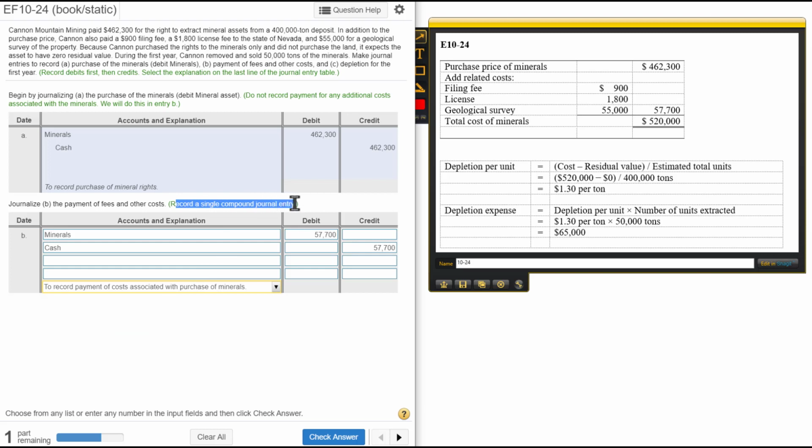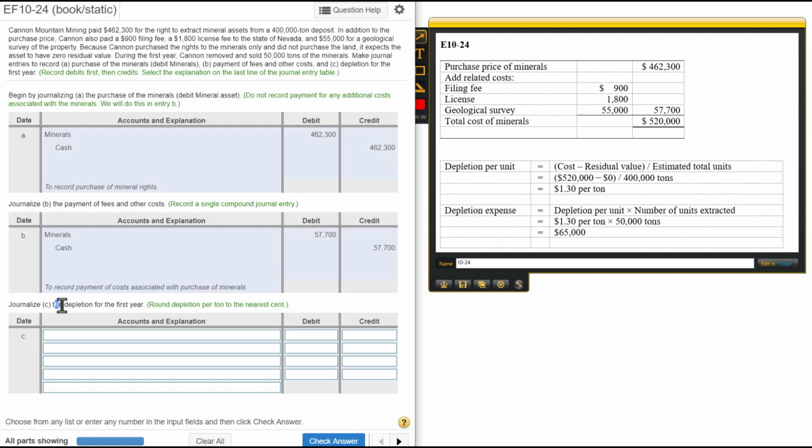Recording this in a single compound entry is actually kind of unrealistic because we paid a filing fee, then a licensing fee, and then we paid for a geological survey. Chances are these are for different places, so each of these would require a separate check, which in the real world would require a separate journal entry, but the authors wanted you to do it in one step.